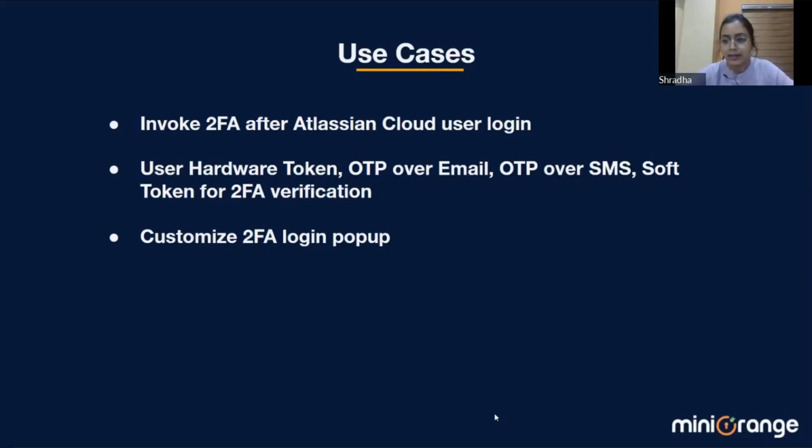For IDPs like ADFS and Keycloak, which don't have 2FA support by default, you can use miniOrange to invoke two-factor authentication there. We also provide support for additional authentication methods such as OTP over email, OTP over SMS, hardware token, software token, and many more. Even though 2FA is supported through miniOrange, you can brand and customize the login pop-up to make the 2FA experience look seamless.